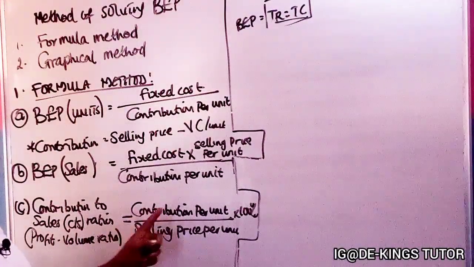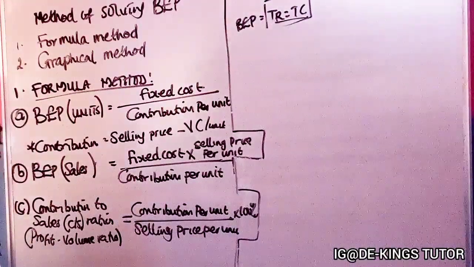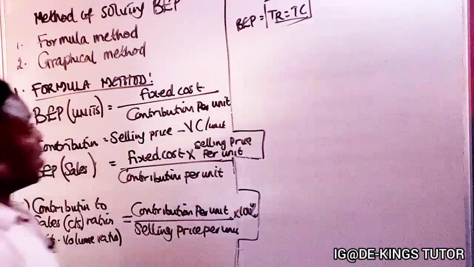The contribution to sales ratio is given as contribution per unit over selling price per unit, times 100%. Okay, so the contribution to sales ratio, also known as the profit volume ratio, is contribution per unit over sales price per unit times 100%. So that is the C.